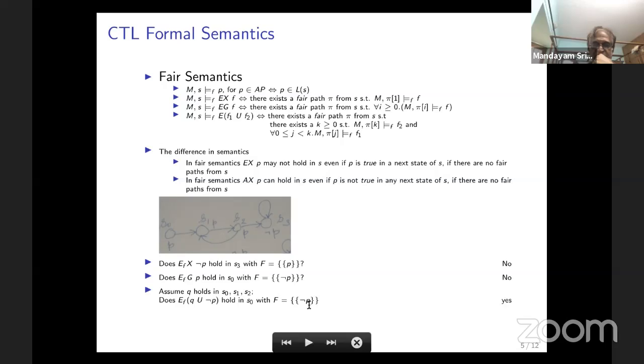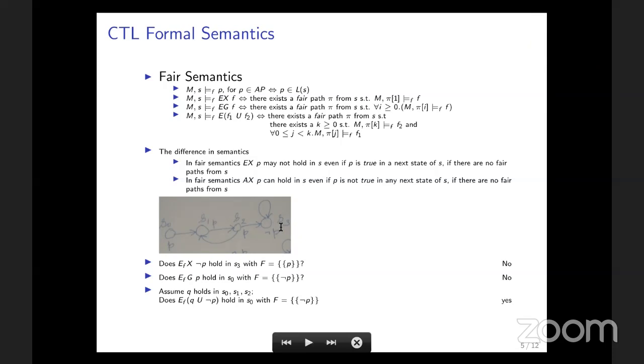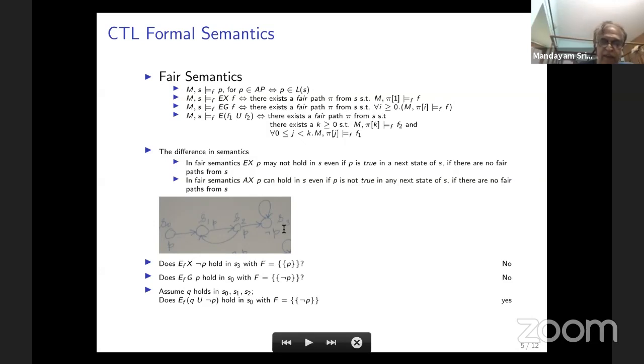It does, because the path S0, S1, S2 followed by S3 occurring continuously, that path S0, S1, S2, S3 omega, is a fair path, correct?